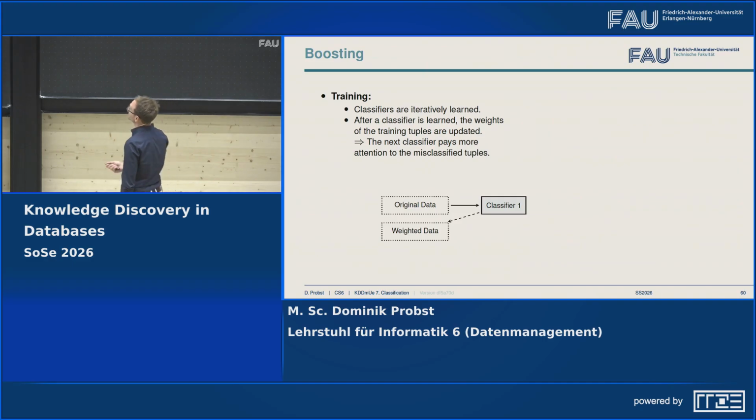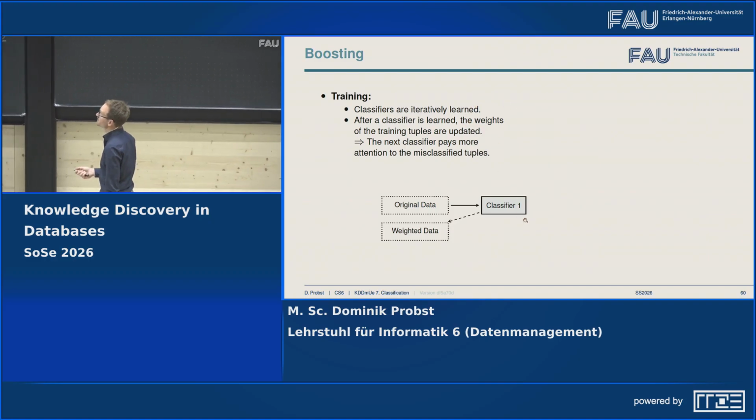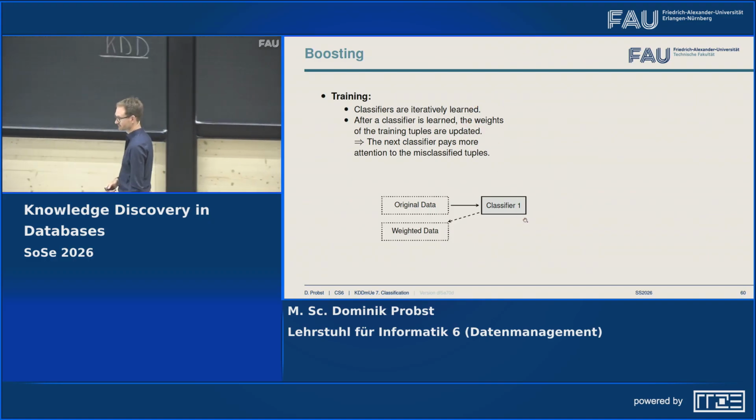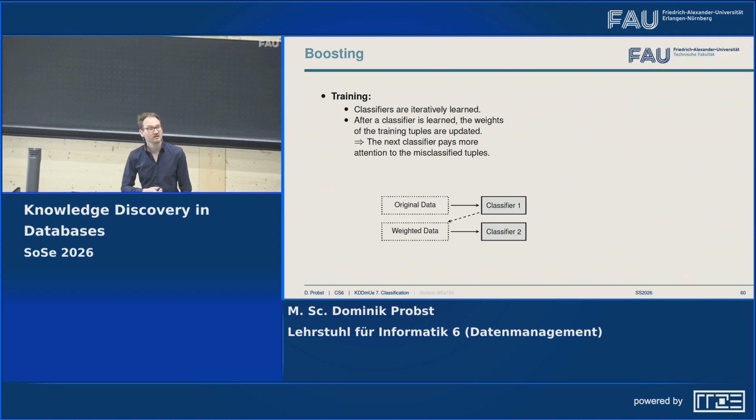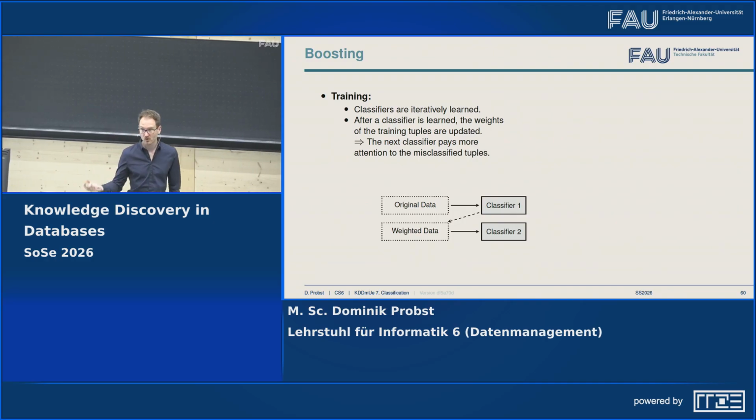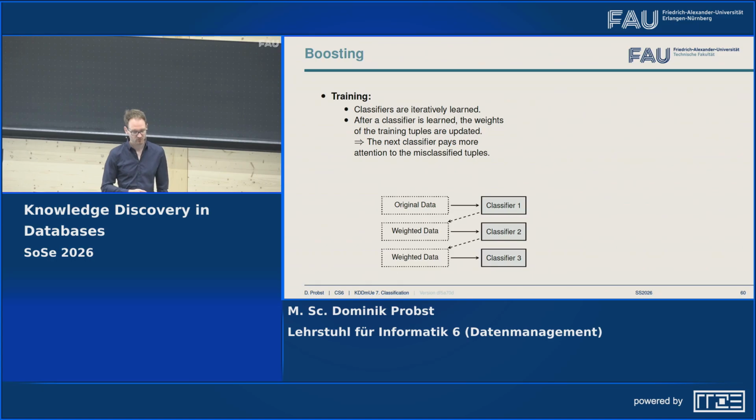But we try to put more weight on the misclassified tuples. This weighted data is then used to train a second classifier, which is now paying more attention to the previously misclassified tuples. And we do that until we get to the last classifier we train.